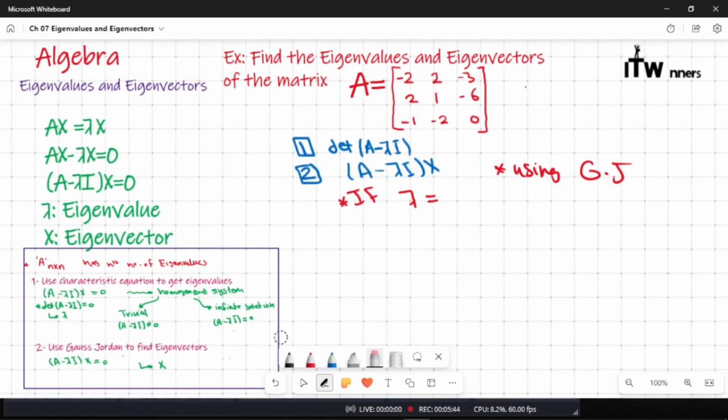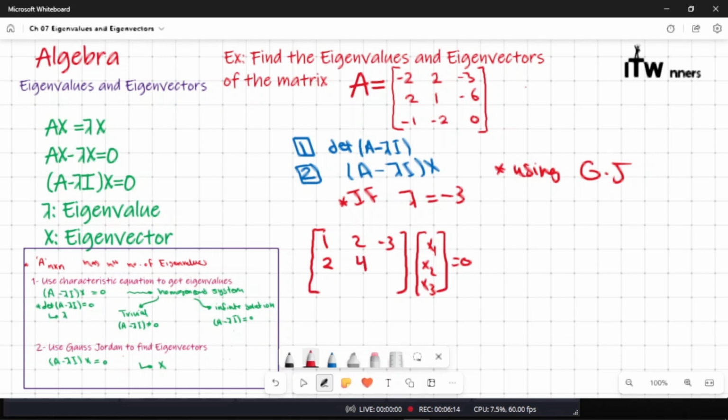Okay, again with lambda equal to -3, our system is equal to x1, x2, x3 equal to 0. Here we have -2 plus 3, we have here 1, 2, -3, 2, and here we have 4, here -6, here -1, -2, here 3.